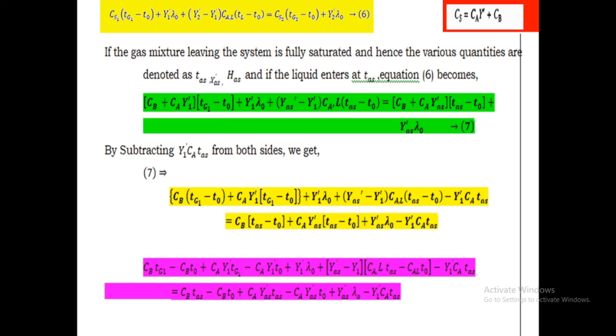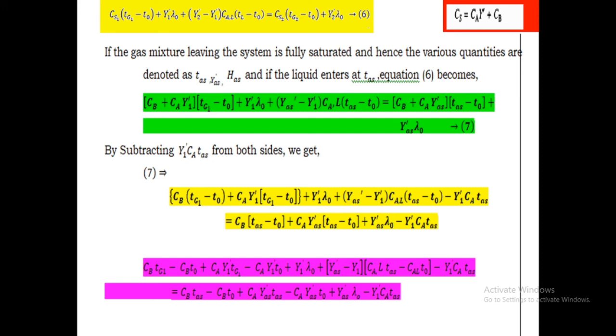Subtracting Y1 dash Ca TAS from both sides. So from this equation 7, what do you do here? Multiply the terms, the first term Cb into Tg1 minus T0 plus Ca Y1 dash into Tg1 minus T0. Very clear. Okay.